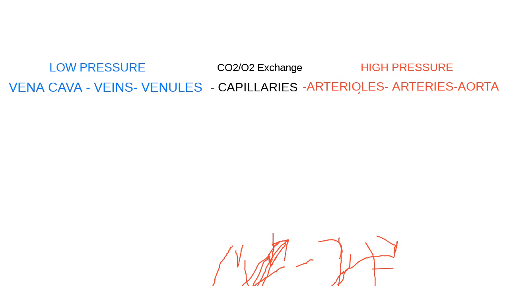White blood cells, plasma, and platelets. Good. That would be correct. So the composition of the blood, you have your white blood cells, red blood cells, plasma, platelets, right? White blood cells, leukocytes, red blood cells, erythrocytes.